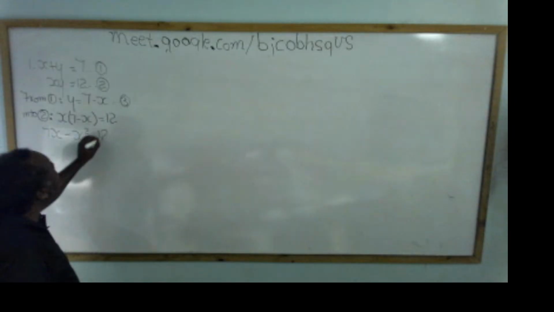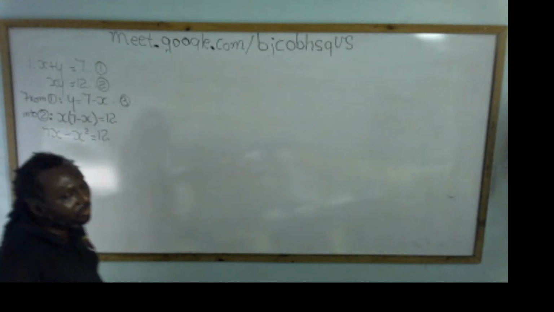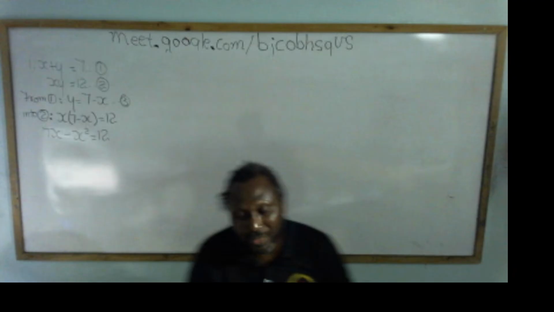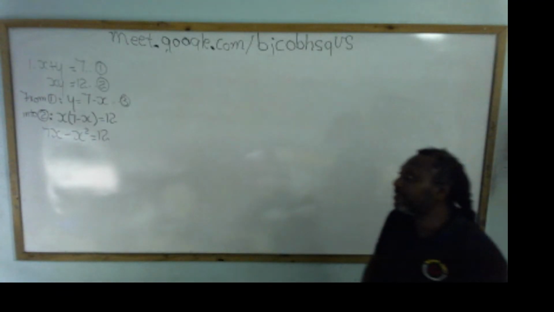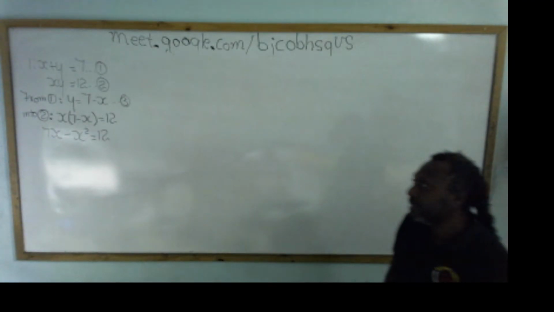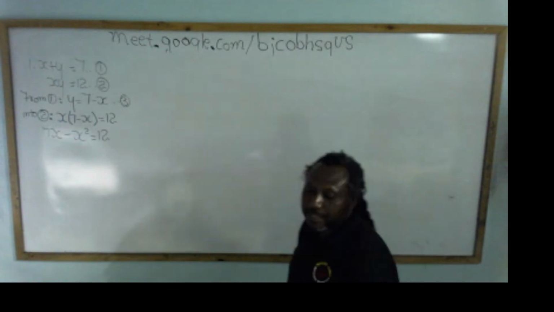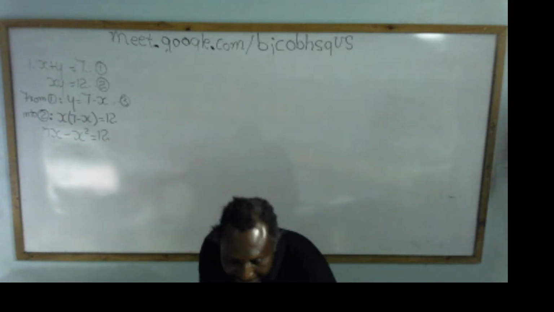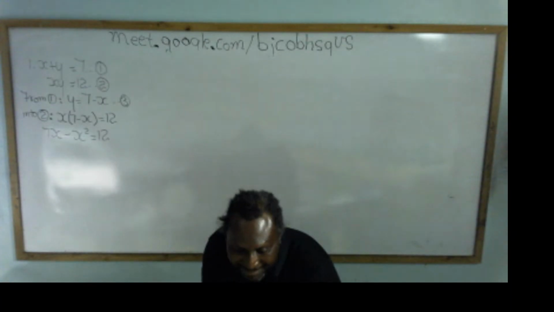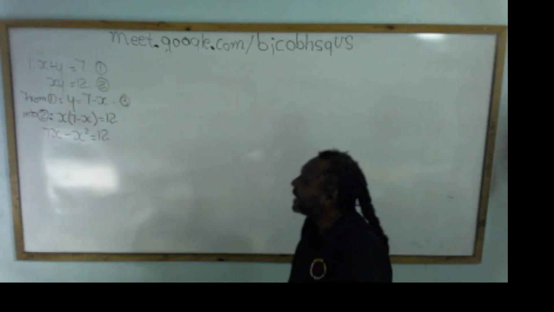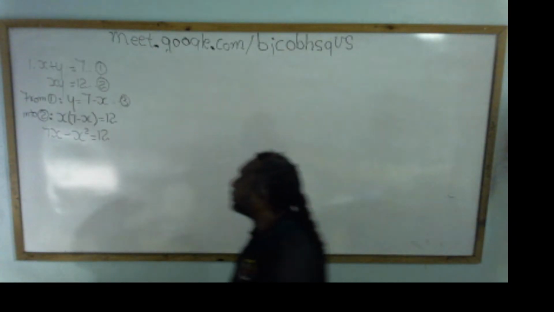Now, students, you start to see your quadratic equation because you see the x squared right there. Now, I'm going to demonstrate that we are not limited to one side of the equation. We can just put 0 here.